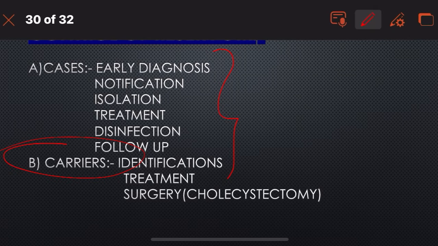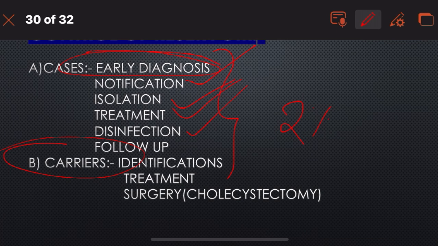By early diagnosing the symptoms, notifying the case, isolating the patient, and providing the treatment. Fluoroquinolones are the drug of choice. Disinfecting the linen with 2% chlorine and steam sterilization is for the clothes, and then 5% cresol disinfection is done for the stools.